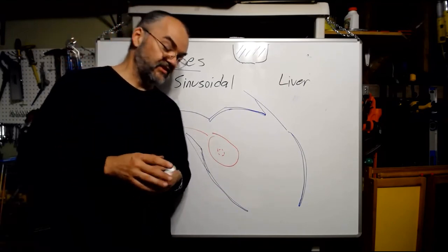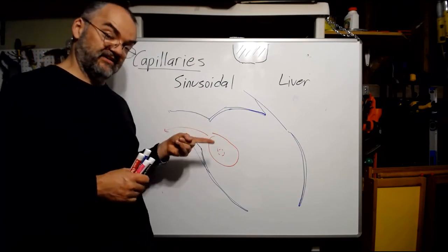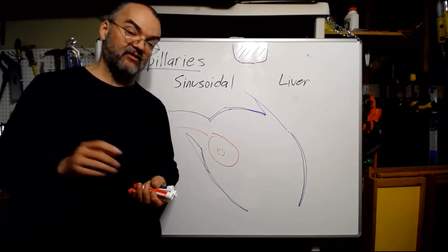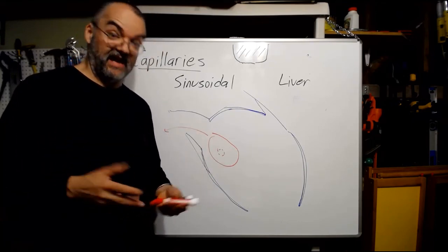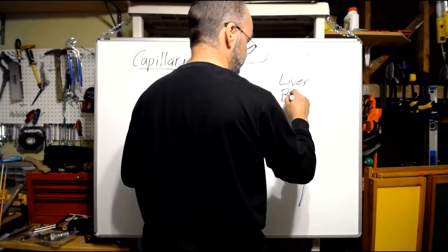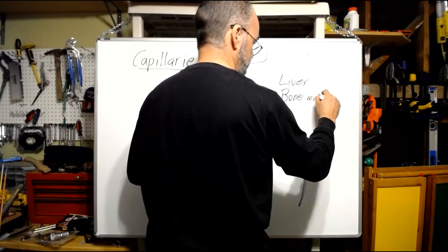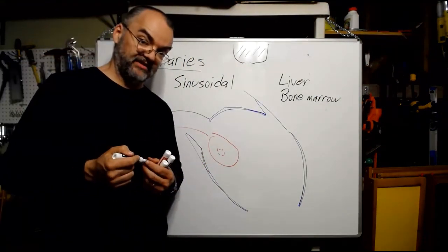Another place, red blood cells not only can come out of these, they can go in. So if we think about where do we make red blood cells, that's somewhere where we would need to be able to put cells into the blood easily, and white blood cells for that matter. And that's the bone marrow. It's where we make red blood cells and some white blood cells.